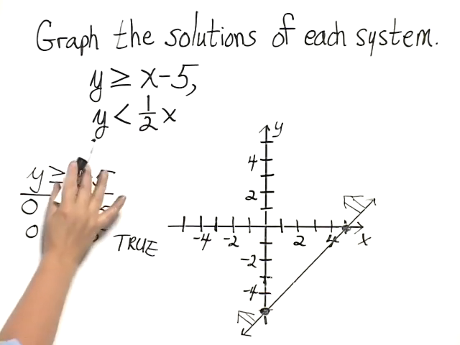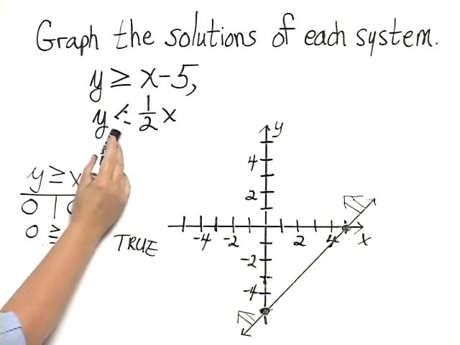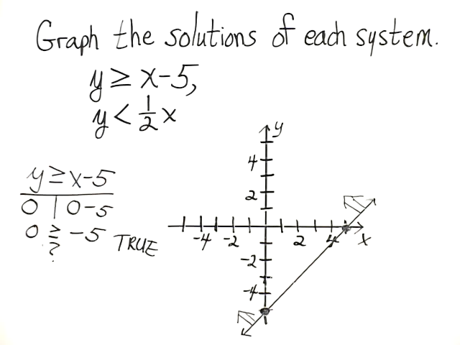Now let's look at the next part here. y is less than 1/2 x. We graph the line y equals 1/2 x, and we graph that with a dashed line because this inequality symbol is less than, not less than or equal to.